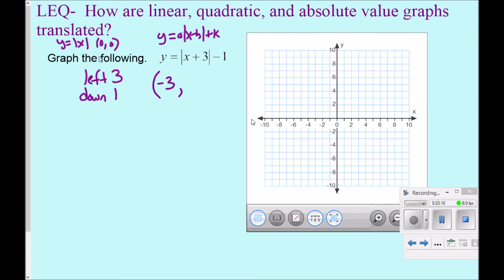And if I'm starting at 0 on the y and I'm going down 1, that takes me to -1. So the vertex is at (-3, -1). So I'm going to do that. Starting at (0, 0), left 1, 2, 3, down 1 takes me right there to (-3, -1) for the vertex.